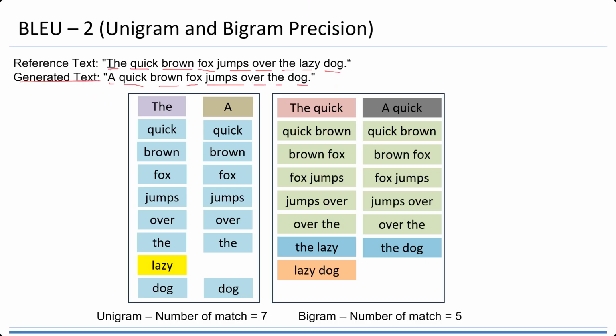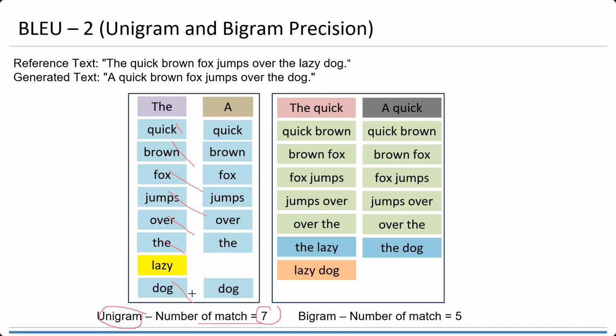Now you can make the tokens. The tokens are: the quick brown fox jumps over the lazy dog. You can see the unigram. There are 7 matches: 1, 2, 3, 4, 5, 6, 7.